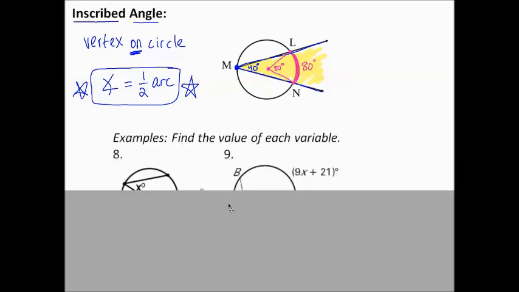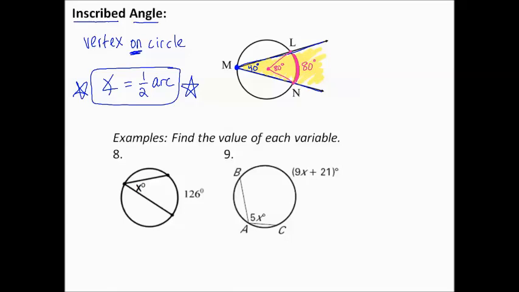Let's do a few examples related to inscribed angles. Find the value of each variable. So I see here's the angle, and I always extend the sides and draw them longer. Where's the vertex? On the circle. So first thing I do is think angle equals half of the arc. Not only do I think it, but I like to write it down.